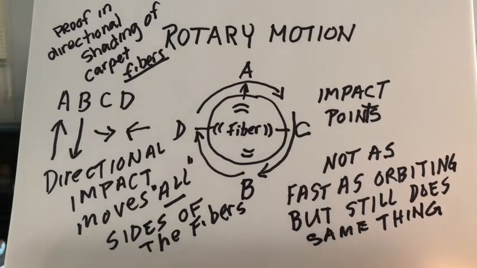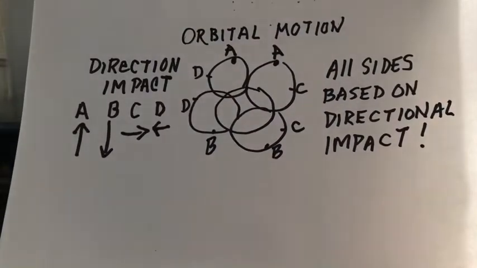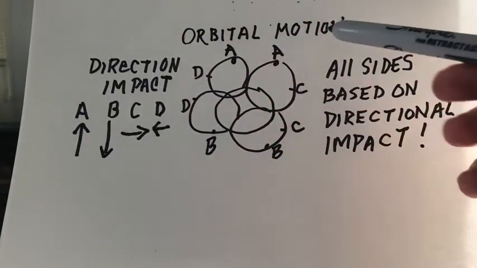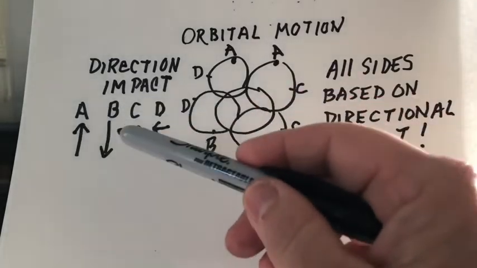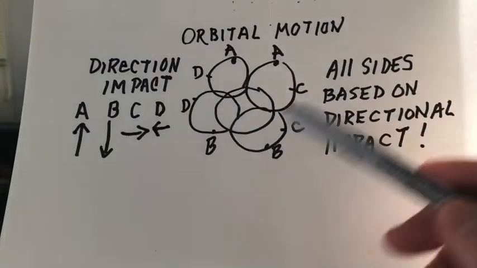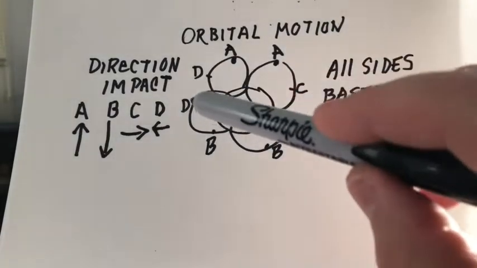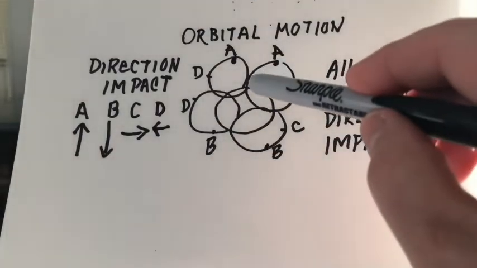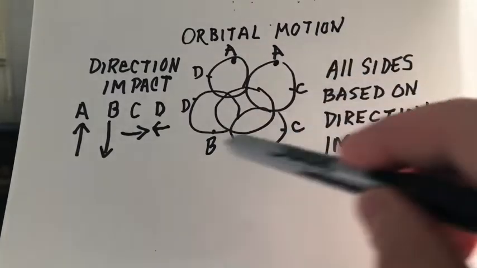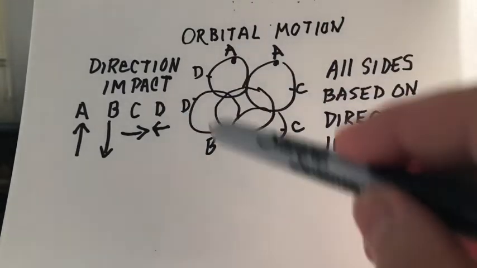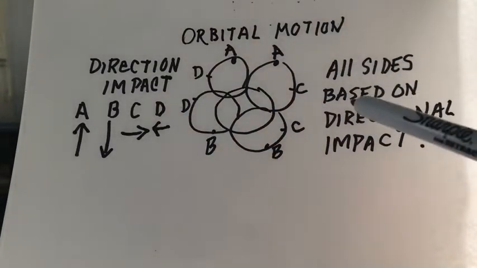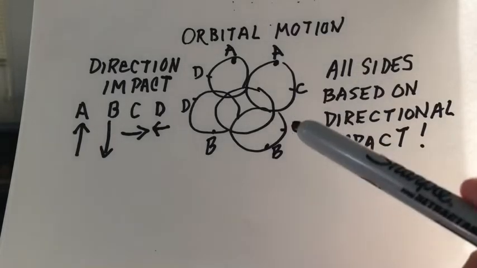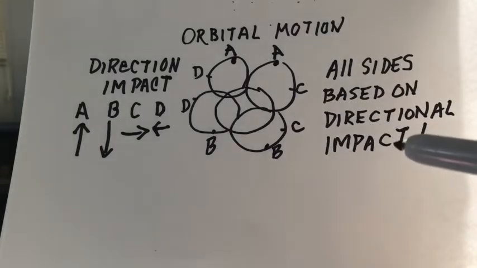Because it's clockwise, you're flattening it to the right, and no matter coming back across, you're still flattening it out. No, that's not true. So your directional impacts on your orbital motion, you've got all these pivotal points and impact points. You do gain a few points in between because of that orbital random rotation, and you're going to get all sides of the fiber there.